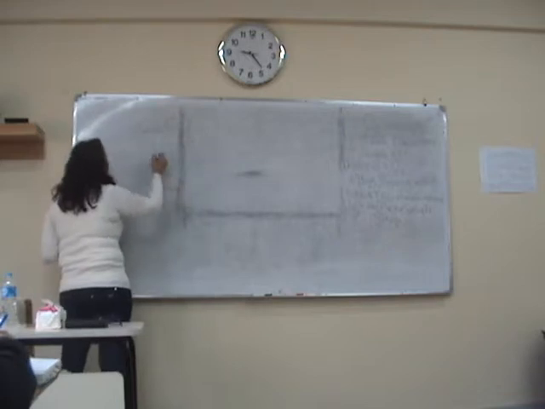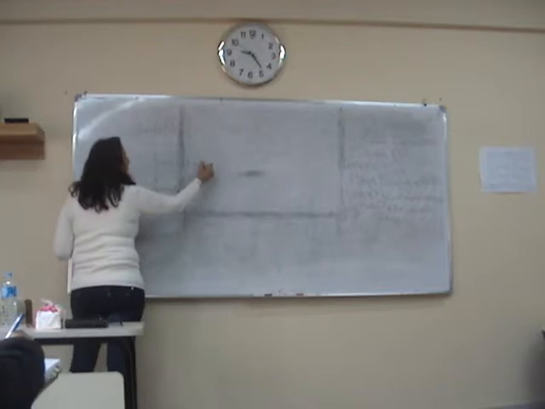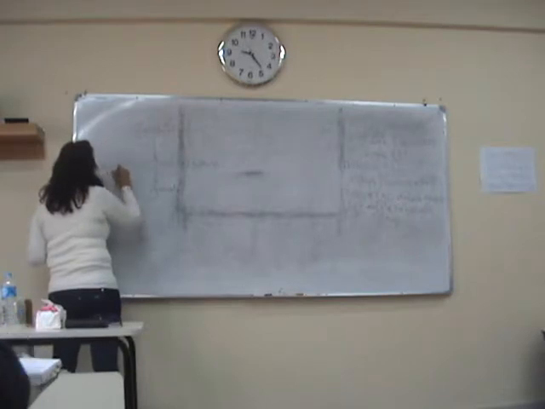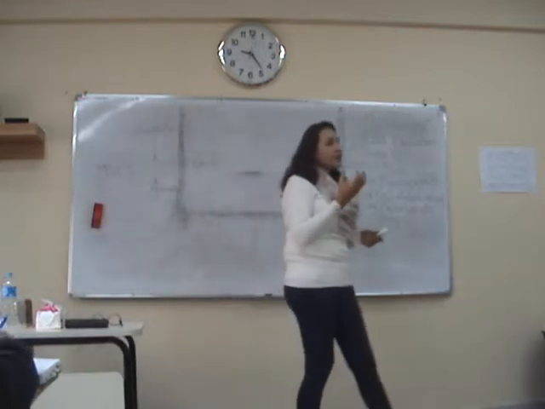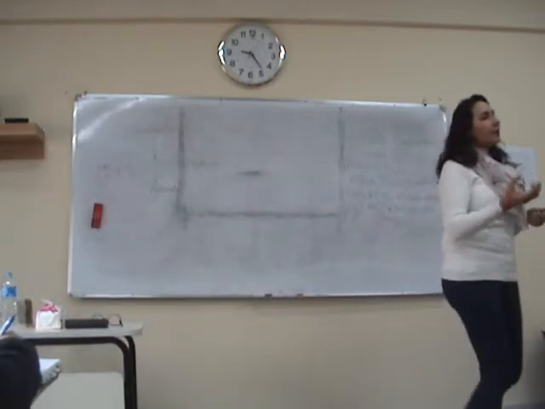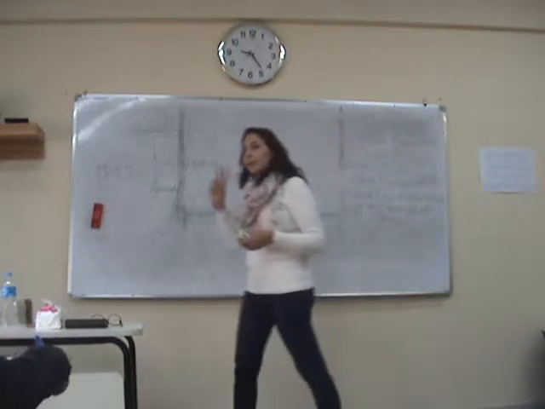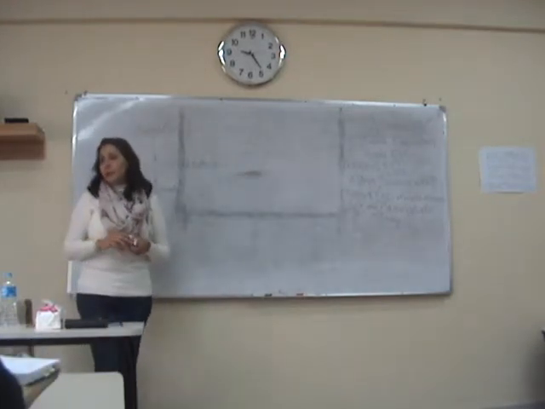And during the process, it's going to produce 2 reduced NADs and a net of 2 ATP molecules, and this is per 1 glucose molecule. And this is the only energy which is going to be available for the use of the cell in case of absence of oxygen. 2 ATP molecules per 1 glucose molecule.